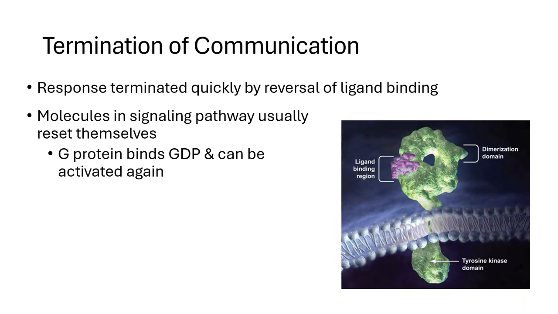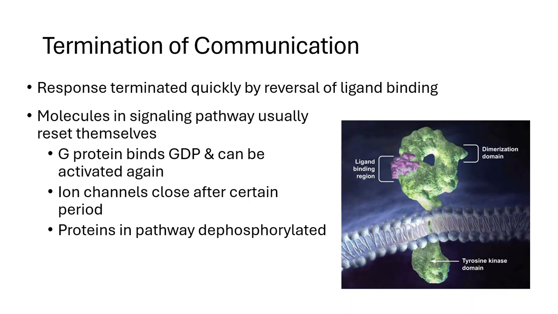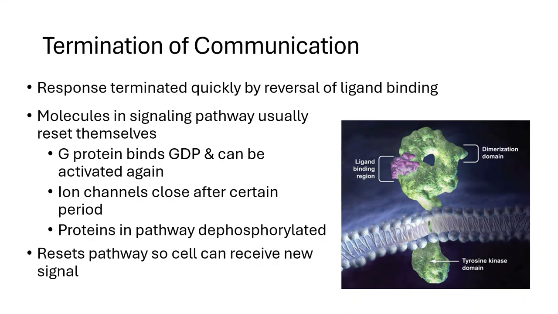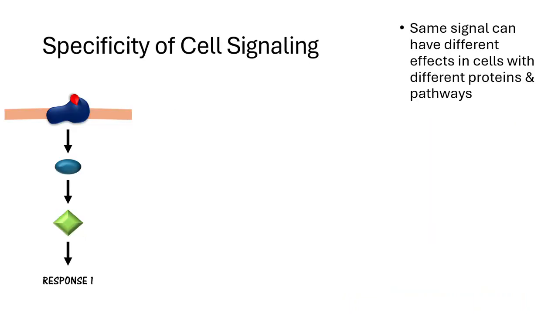So G proteins, once they hydrolyze their GTP, are now bound to GDP, and they are capable of being activated again. Ion channels, even if a ligand is bound, a lot of times will close after a certain period of time. And proteins in the pathway that were phosphorylated can then be dephosphorylated by phosphatases. All of this resets the pathway so the cell can get a new signal anytime it's needed.